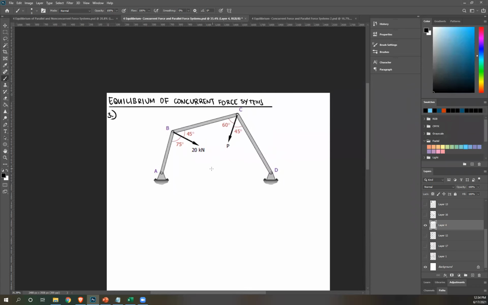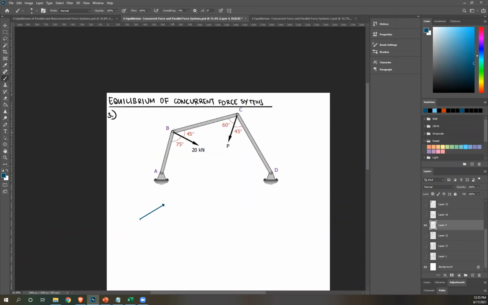Okay, so if we try to solve for this normally, if you draw free body diagrams, you'll see we'll encounter a problem. So first, let's include the forces. There's gonna be forces within these two rods, the same way this rod created a force on the cylinder. So these members will exert a force onto this joint.